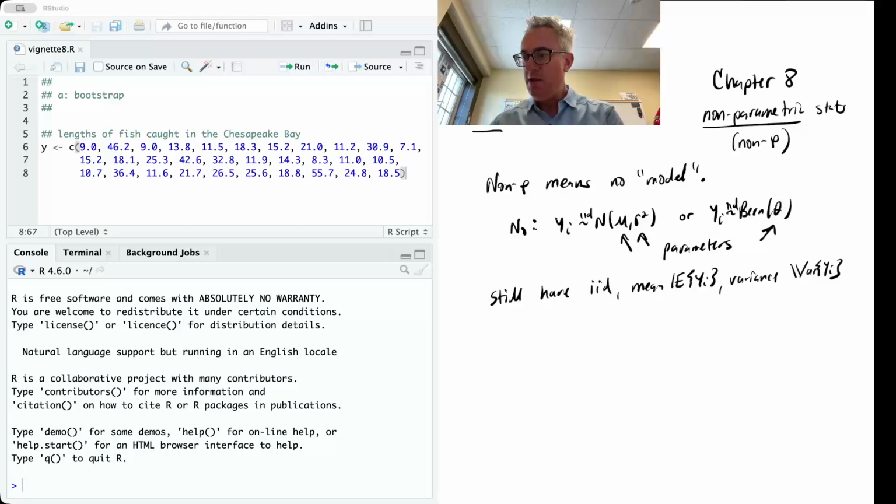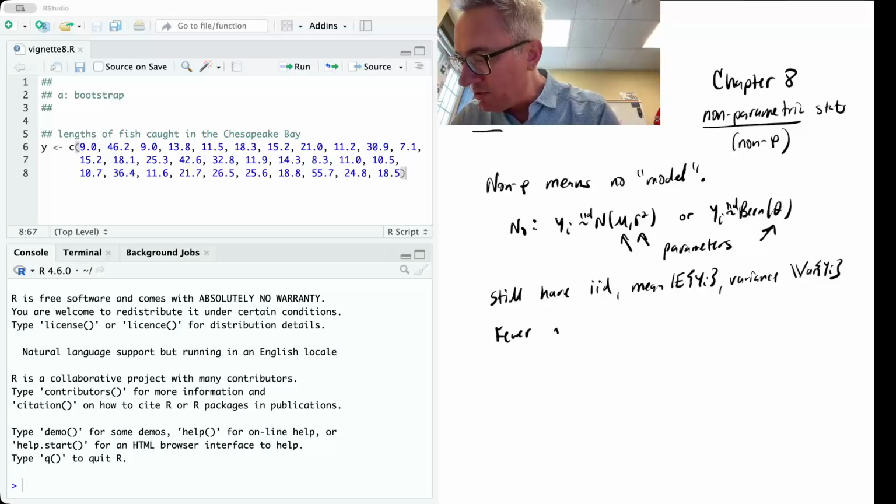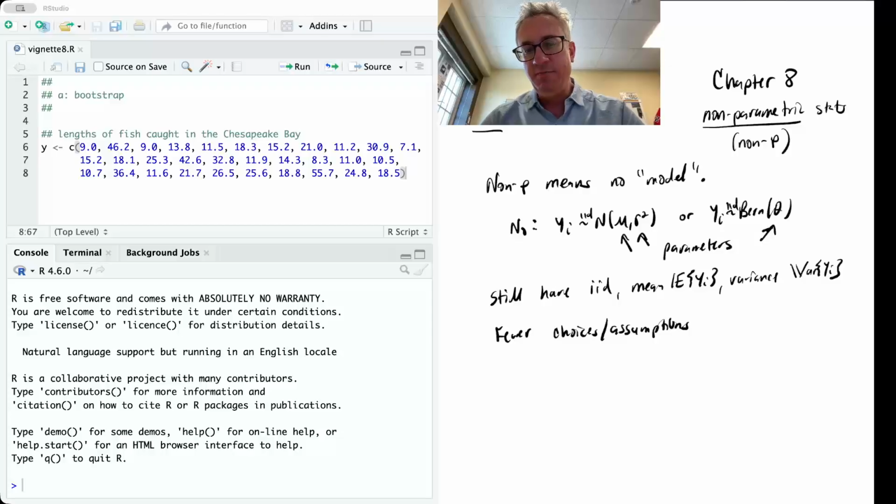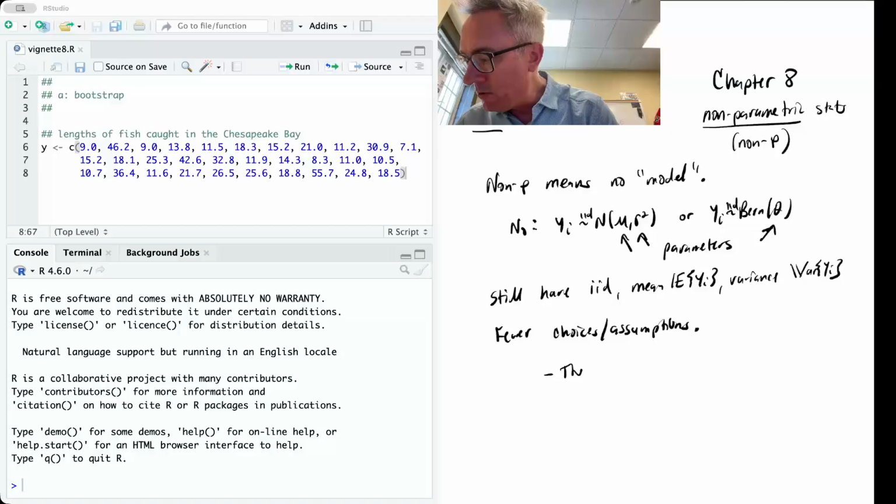So that means fewer choices or assumptions that might be questionable in any analysis. And so by having fewer of those assumptions, you have a more robust analysis. At least that's how the thinking goes. We've kind of seen some of that before. Remember the central limit theorem. The central limit theorem involves fewer assumptions.